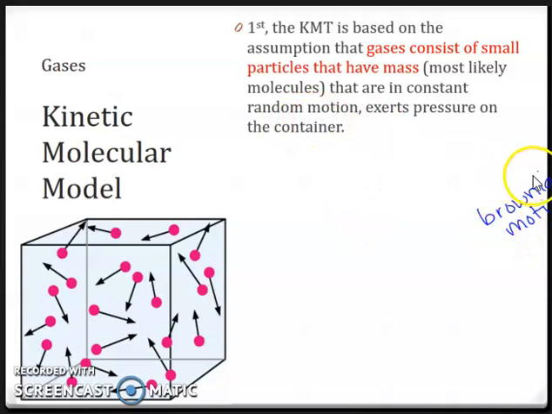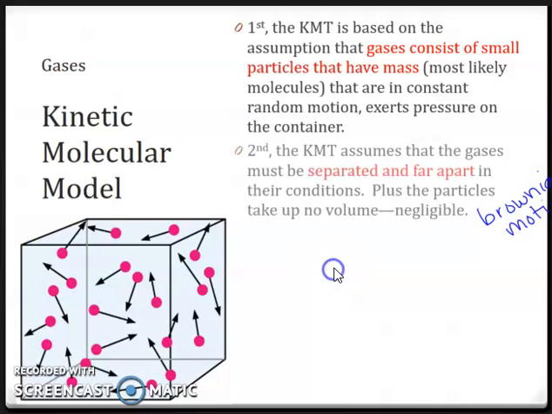In fact, this random motion, we call Brownian motion, and it exerts pressure on the containers by bouncing onto the outside of the container. We also assume that the gas particles are separated and far apart from each other. They bounce off each other, and these point particles' volume is negligible because they're so small and moving very fast. So the volume is a problem for measuring with gases.